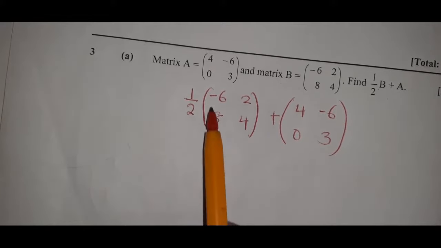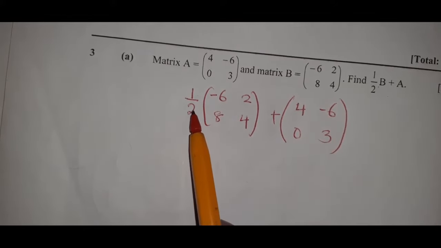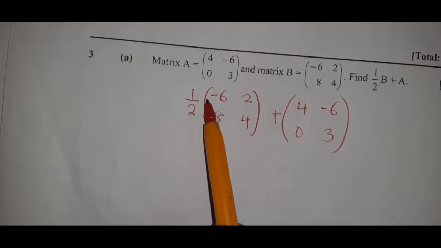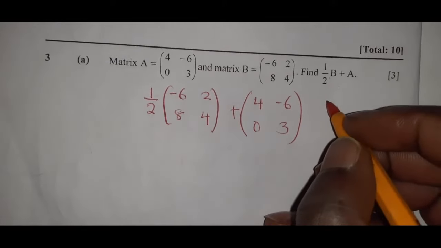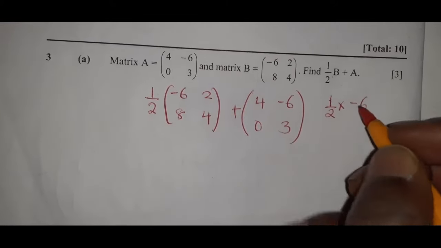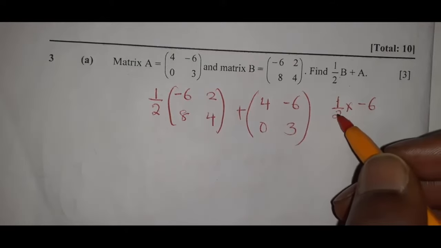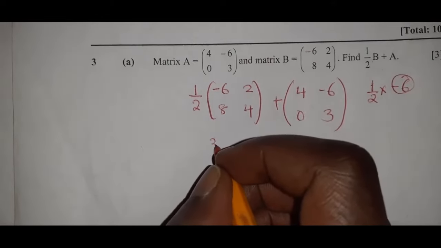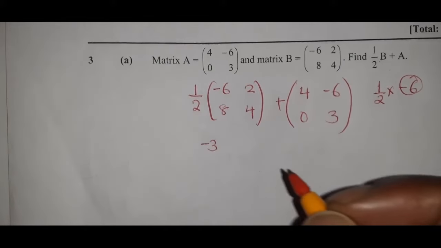So we need to work out this part first. This means we have to divide. In this case, not really dividing, we are multiplying each one of these, like we are saying 1 multiplied by -6. So this is as good as 2 into -6. So this is going to give us -3 for the first one.